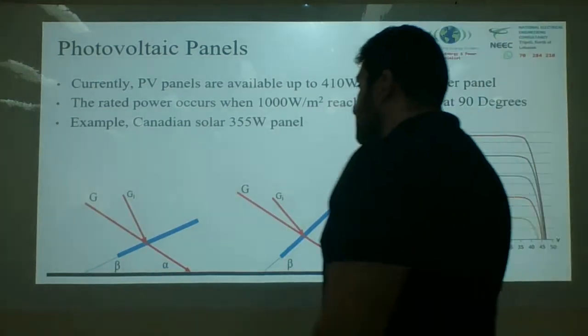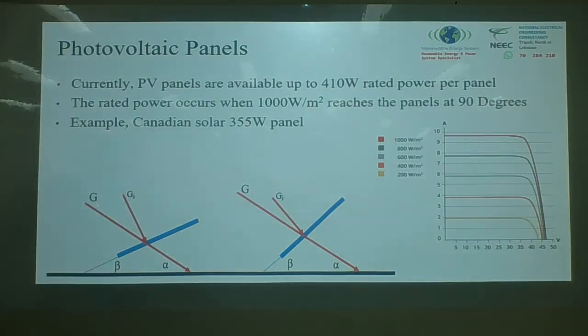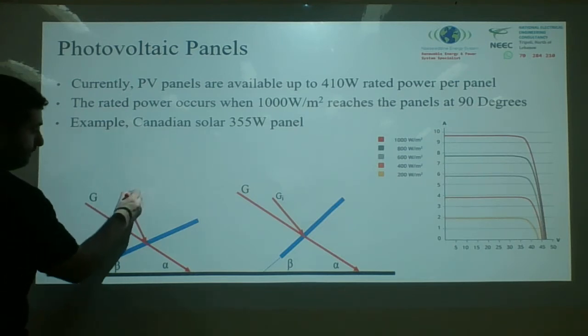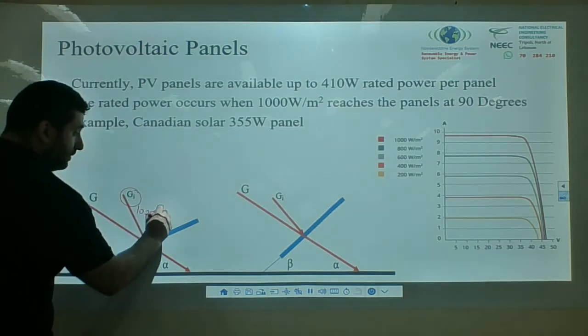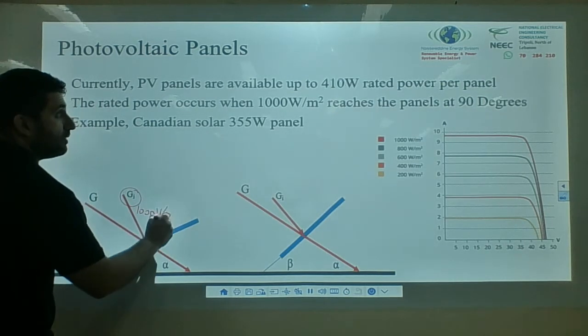What will happen is, this is my radiation. What I need is the radiation at a 90 degree angle on the panel. At a 90 degree on the panel, I need this to be 1,000 watt per square meter.